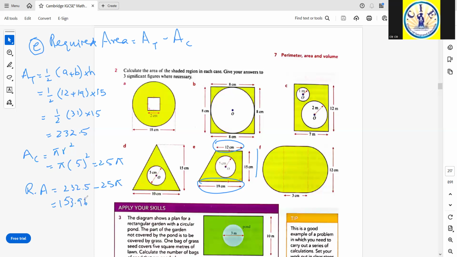And the answer, when rounded off to three significant figures, now this is the fourth digit which is greater than 5. So instead of 153.9, I will be writing it down as 154. And the units will be centimeters squared. So this is how these questions are to be done.